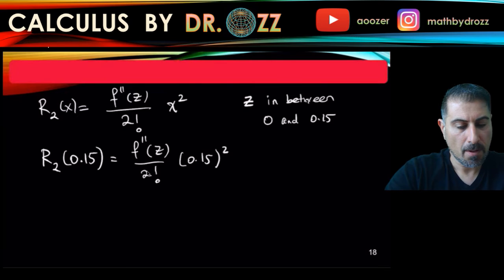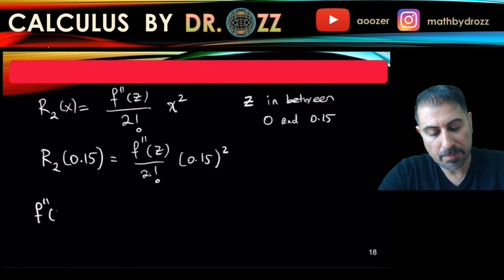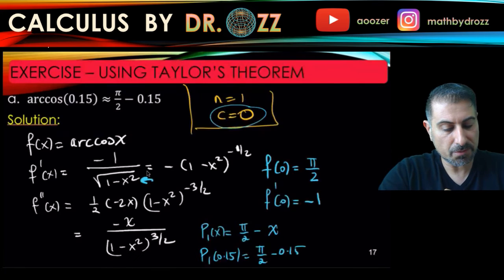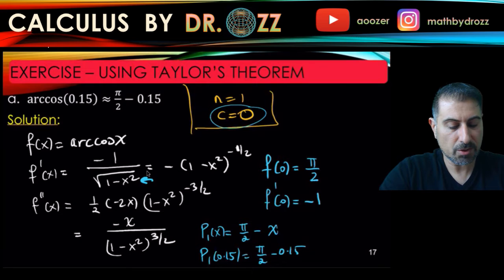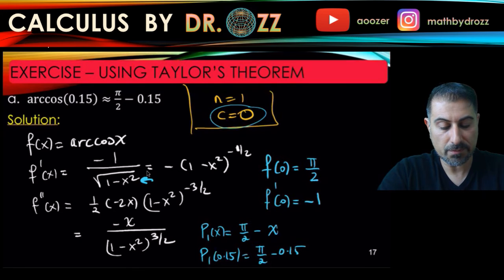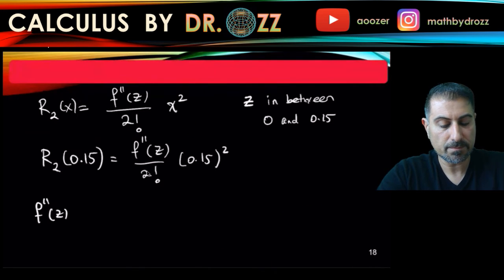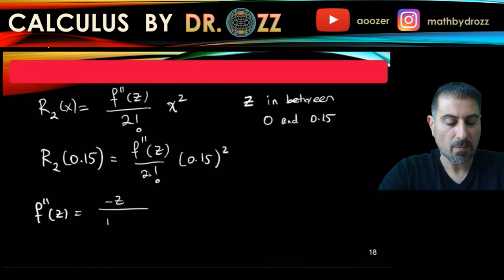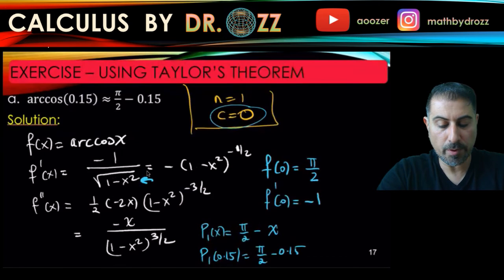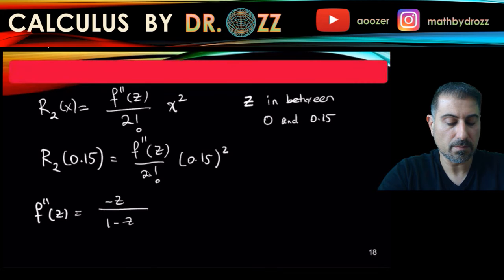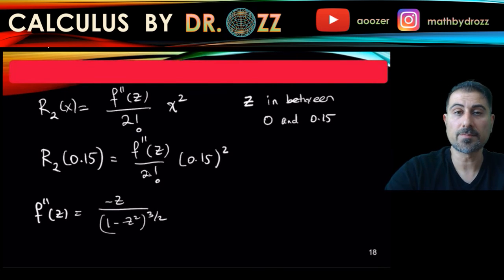Okay, so that's why I need f double prime. So what is f double prime at z? We did the calculation for f double prime here. So it's minus x over 1 minus x squared to the power of 3/2. So minus z over 1 minus z squared to the power of 3/2.